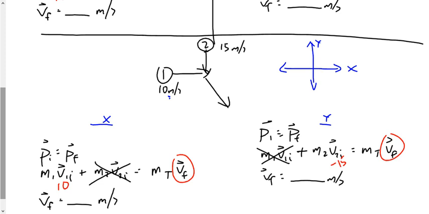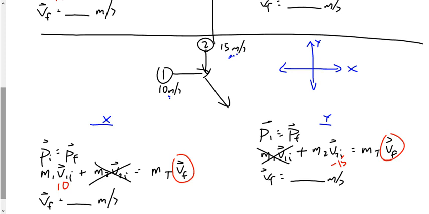Christian, how much is on the y-axis? None. So we scratch it out. V1I is 0. It's not 0 for the x, but it's 0 for the y. How much of this 15 meters per second is on the y-axis? Negative 15. So we can solve for Vf for the x component in the same way as we did if it was a one-dimensional problem. We could solve for Vf for the y component in the same way as we did if it was a one-dimensional problem.